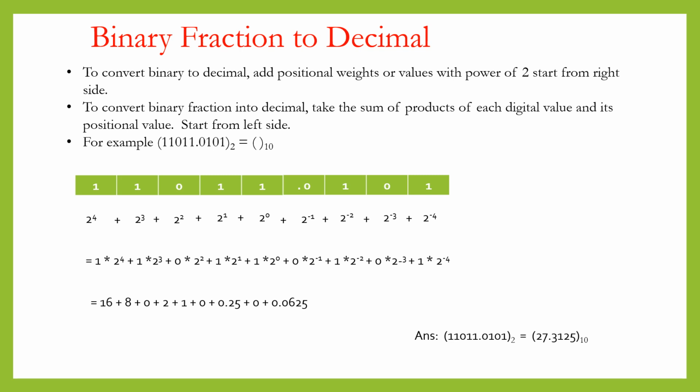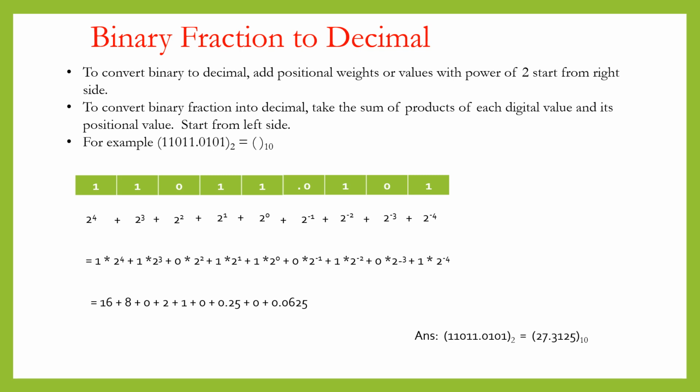The positional weights for each bit position: 1 into 2 to the power 4 is equal to 16, 1 into 2 to the power 3 is equal to 8, 0 into 2 to the power 2 is equal to 0, 1 into 2 to the power 1 is equal to 2, 1 into 2 to the power 0 is equal to 1, 0 into 2 to the power minus 1 is equal to 0, 1 into 2 to the power minus 2 is equal to 0.25, 0 into 2 to the power minus 3 is equal to 0, and 1 into 2 to the power minus 4 is equal to 0.0625.